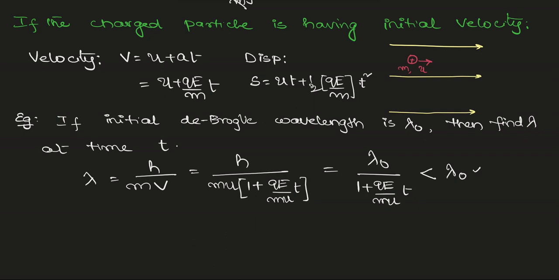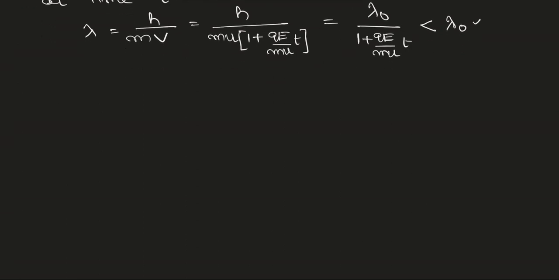Suppose they give a negatively charged particle; initially I assumed a positively charged one. If it is a negatively charged particle, we have the electric field in this direction, and the particle is moving in the direction of the field with an initial velocity u.